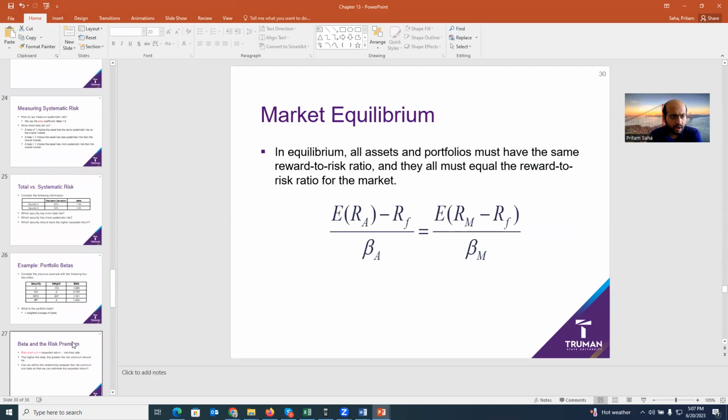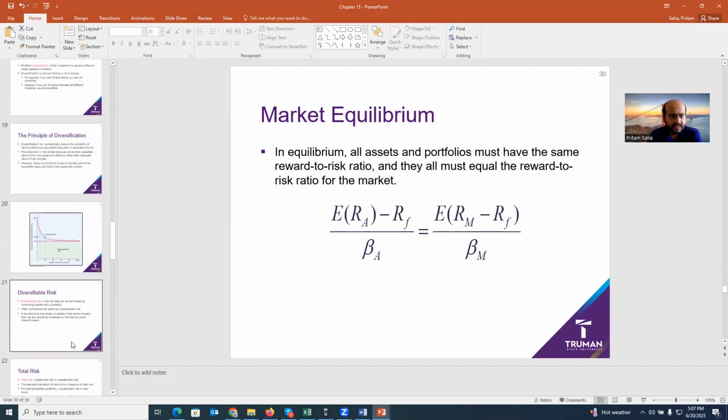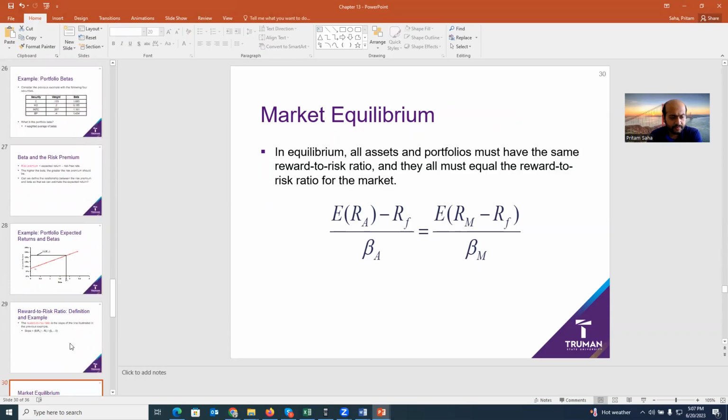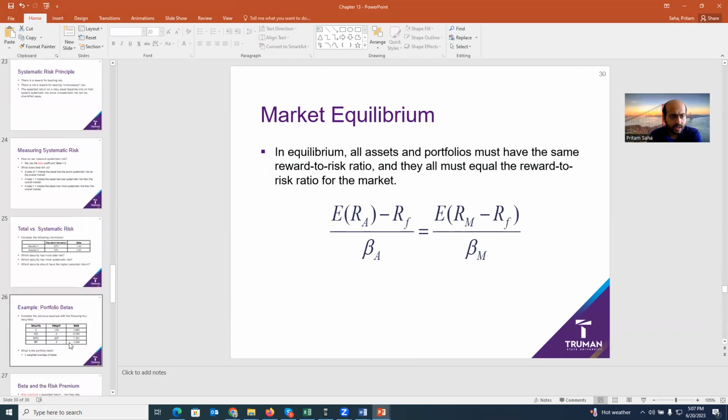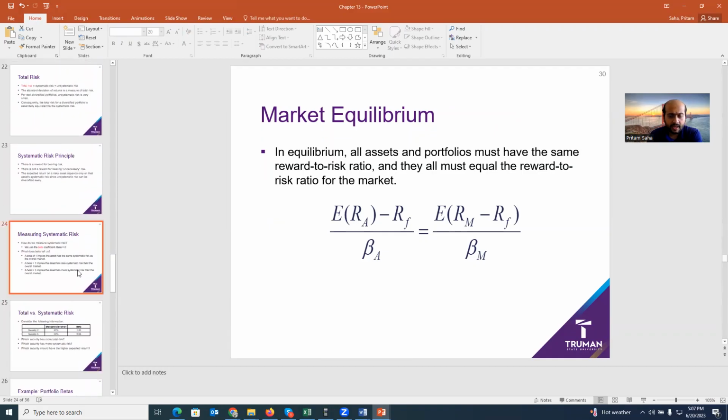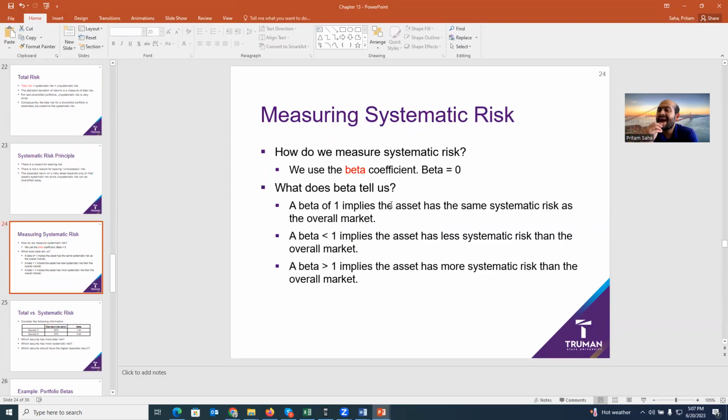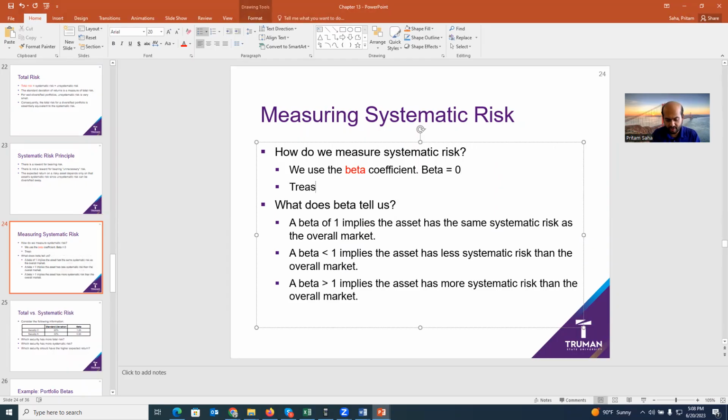The formula of beta is basically trying to tell you how risky your investment is as compared to the market, okay? When beta is 0, it is telling you your investment has no systematic risk as compared to the market. So let's say I'm talking about investing in treasury.